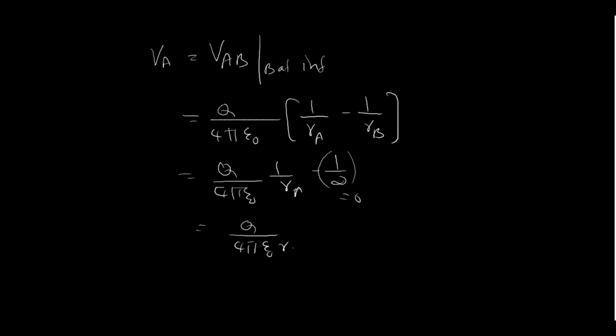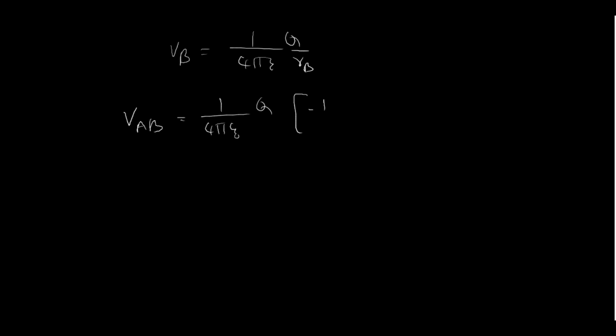So VA is equal to that. From this we can generalize what VB is: VB is equal to 1 by 4 pi epsilon 0 Q by RB, right? So now VAB, which was the potential difference between A and B, can be written as 1 by 4 pi epsilon 0 Q into 1 by RA minus 1 by RB, which was the expression.